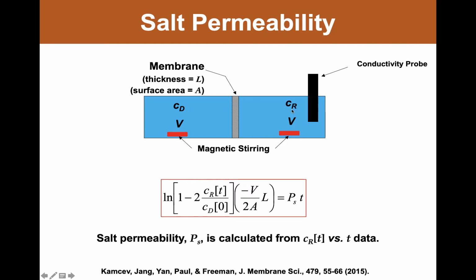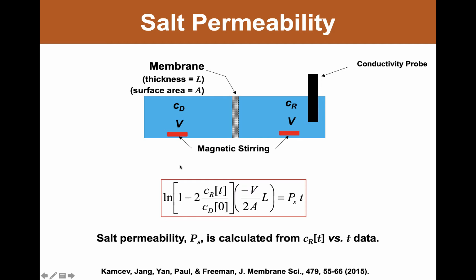The receiver solution concentration starts out essentially at 0, so just deionized water in this chamber. The magnetic stir bars keep these solutions well stirred so that the rate limiting resistance to mass transfer is the ion transport through the membrane.